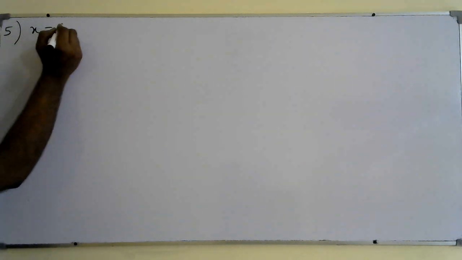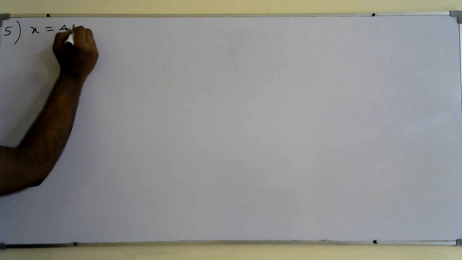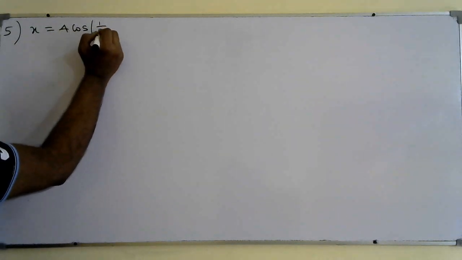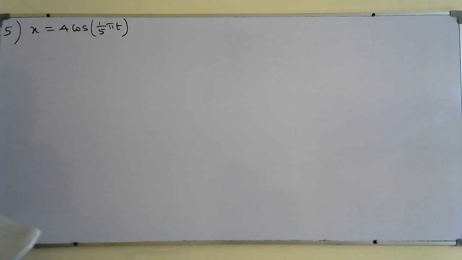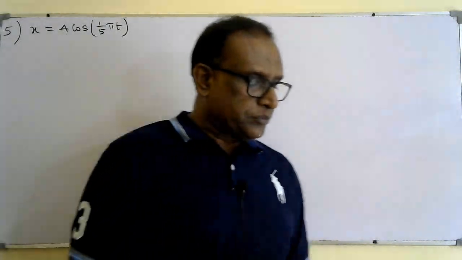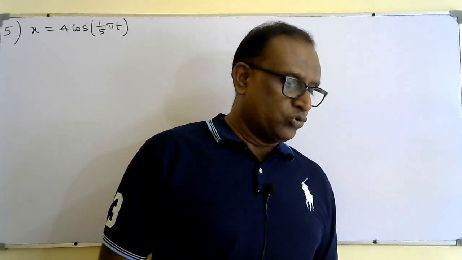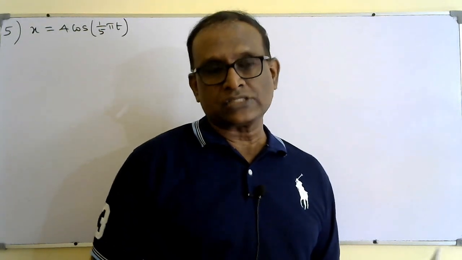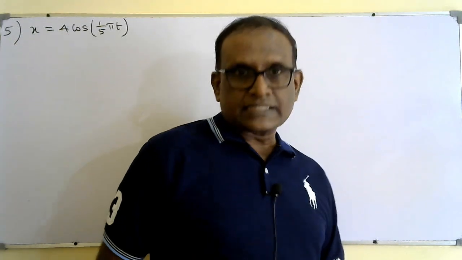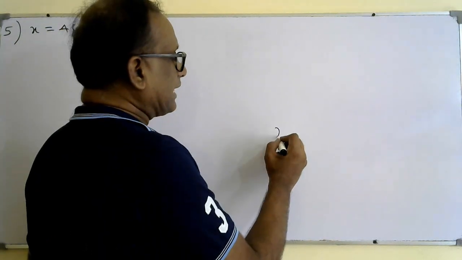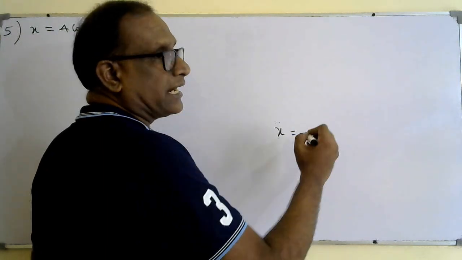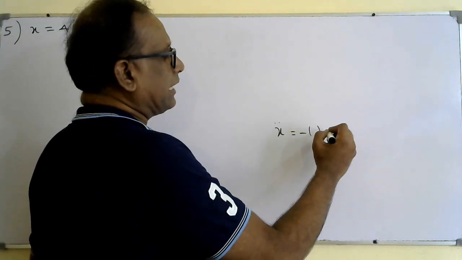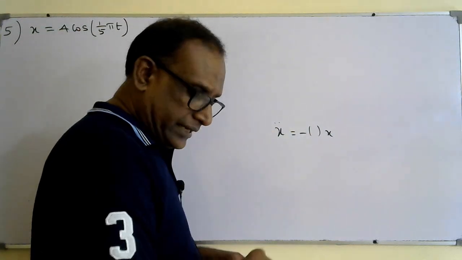Part A: prove that particle P is moving with simple harmonic motion. If you want to show it is moving with simple harmonic motion, we should get an expression for the acceleration, x double dot equals minus omega squared, a constant, times x. We have to get that format.